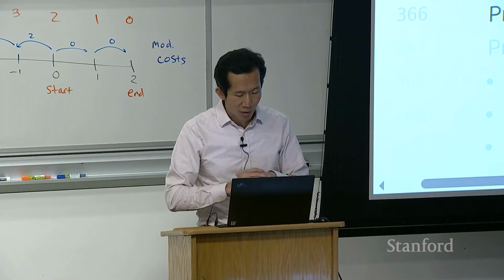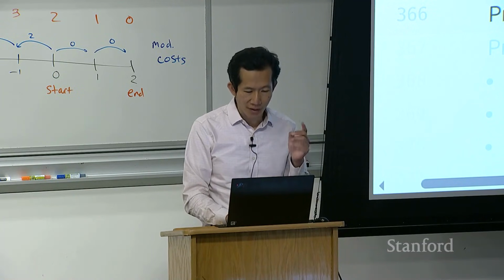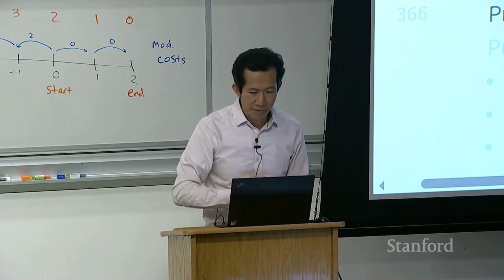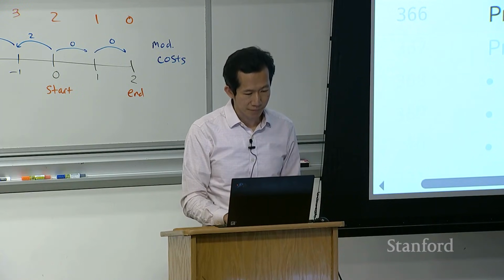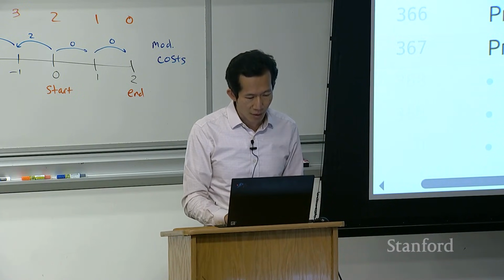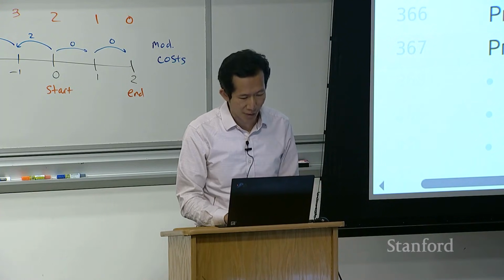So now a simple proof that shows A star is correct, meaning that it's going to define a minimum cost path if H is consistent under this definition. I'll just explain it in words and maybe I'll give an example.